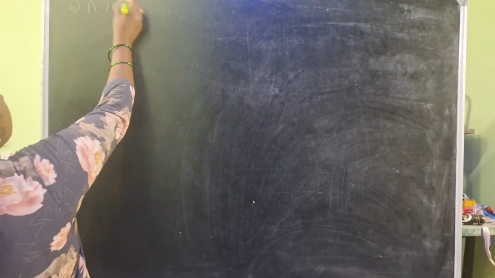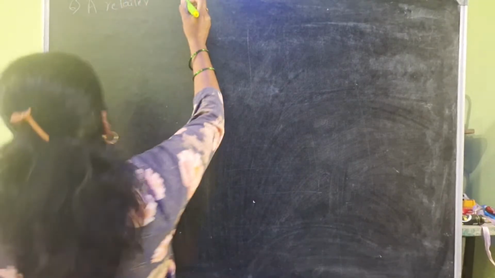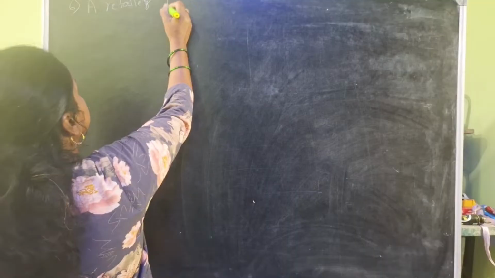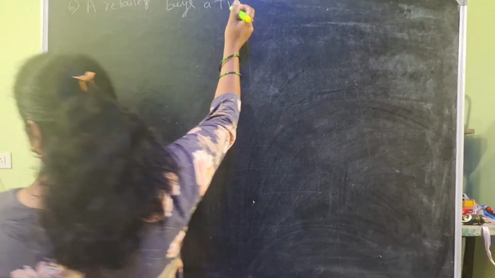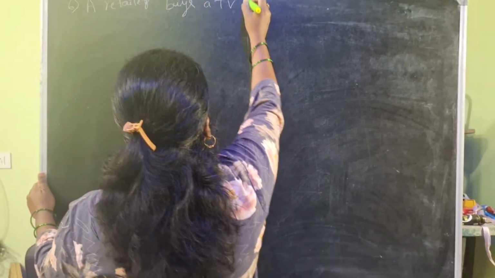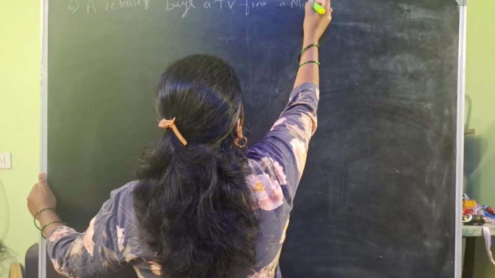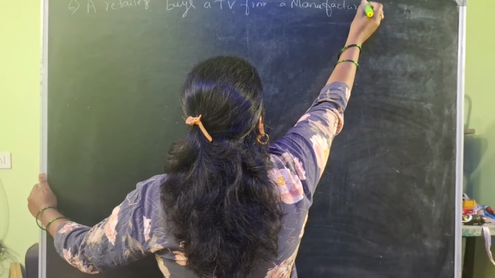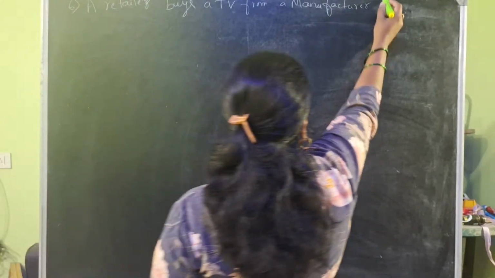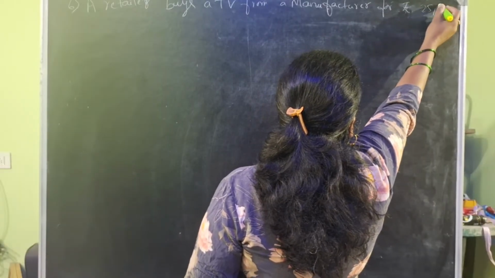A retailer buys a TV from a manufacturer for rupees 25,000.